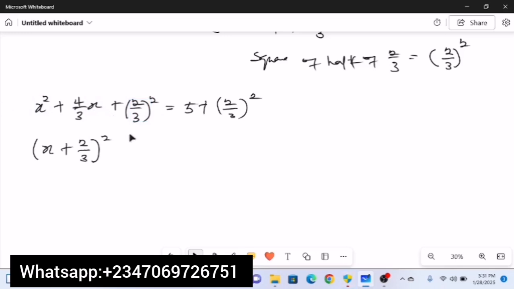Now let's try this and see if it's going to work. Now this is going to simply be equal to, so let's expand the brackets. This is (x + 2/3) multiplying (x + 2/3). So this is going to be equal to x times x gives us x squared.